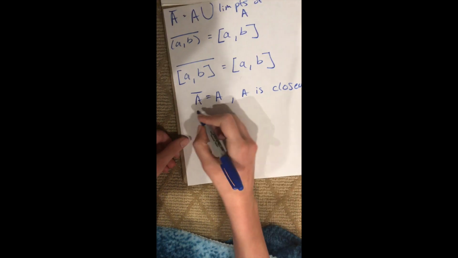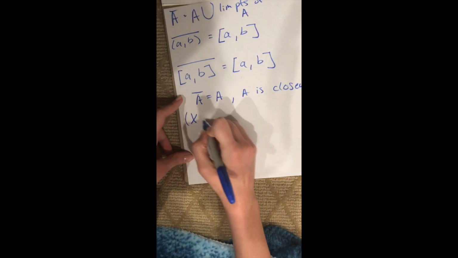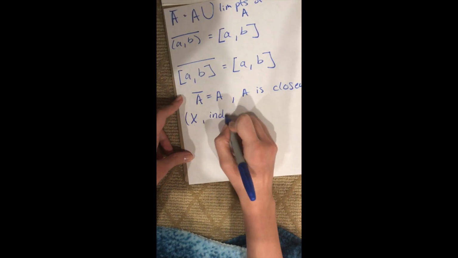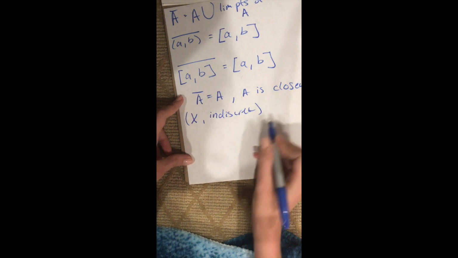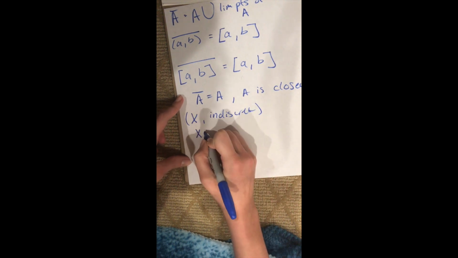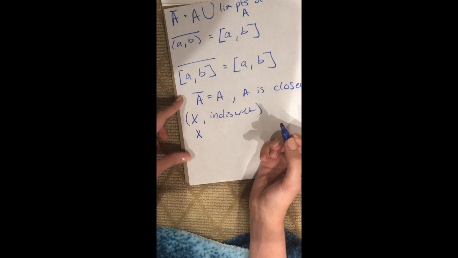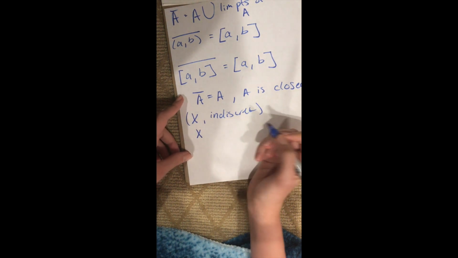So let's go back to our indiscrete topology. I'm going to claim that X, which is in the topology, is both closed and open.